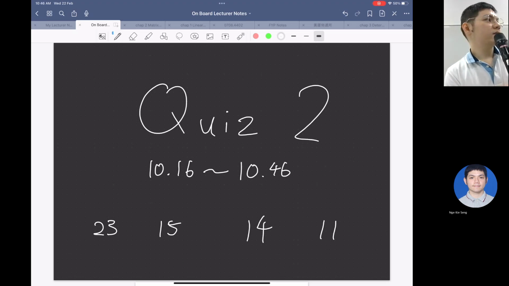Pass to the front. The front person, please help me count again. Make sure you got the same number you got just now.